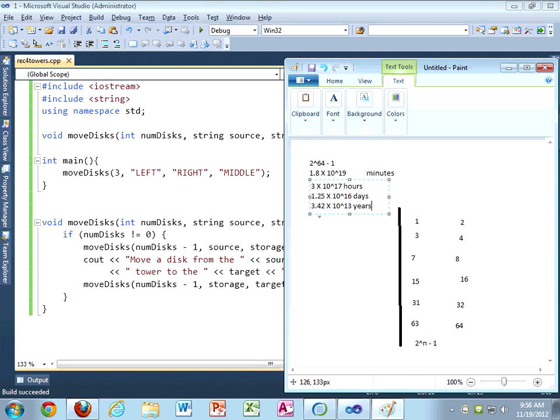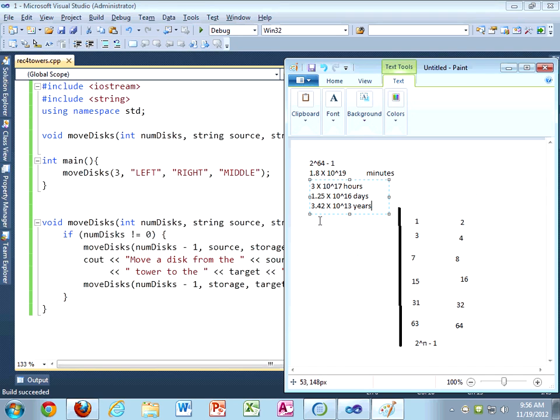So 10 trillion times this, that means 34 trillion years. Okay. So I'm feeling pretty good actually about my prospects here. That's just one disk a minute.